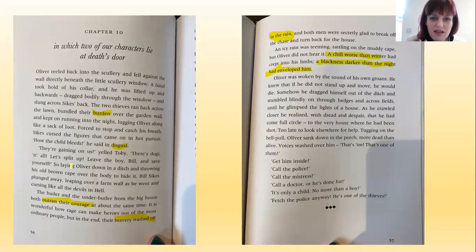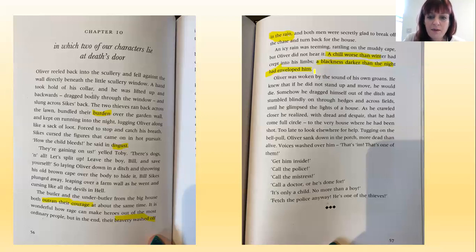We can also understand that the people who are chasing the burglars, they're not really after them. They're not really up for catching them. So they're not really a threat. But we also know that Oliver is in a very serious place. He's been shot. And we know from this part here, the chill and what have you, that he is dying.